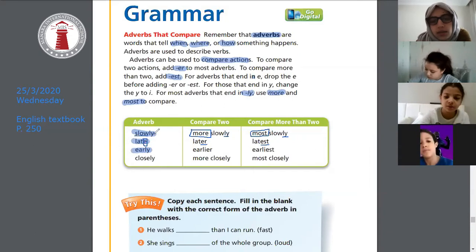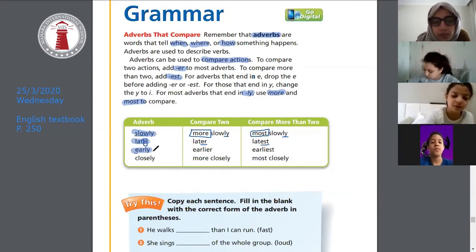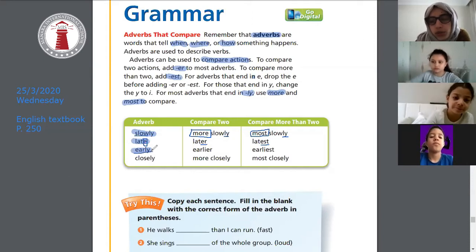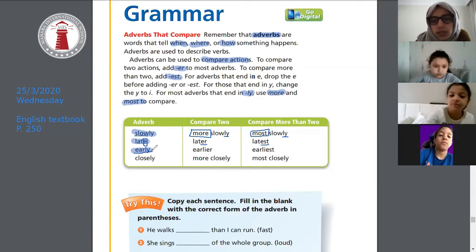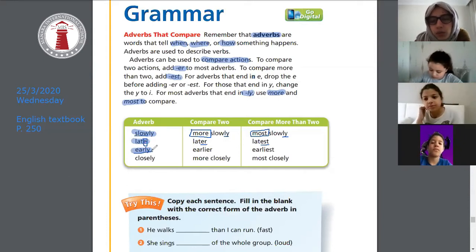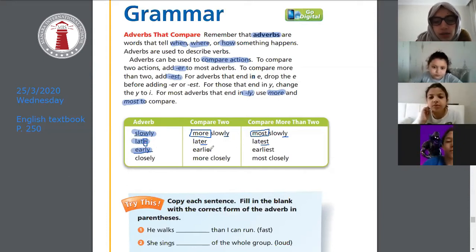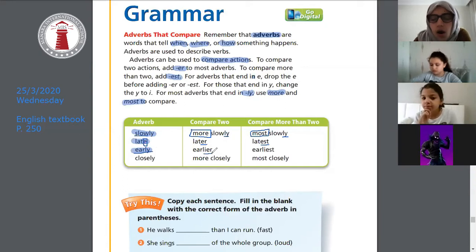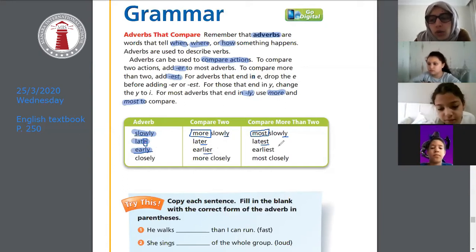They added ly only because it's an adverb. But early is the full word, and ly wasn't added because it's an adverb. It ends in ly because that's how you spell the word. So because it ends in y, the y has to change to i-e-r when you're comparing two actions. And if you're comparing more than two actions, it has to change to i-e-s-t.